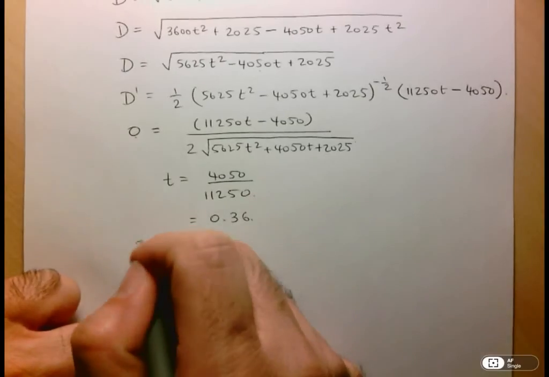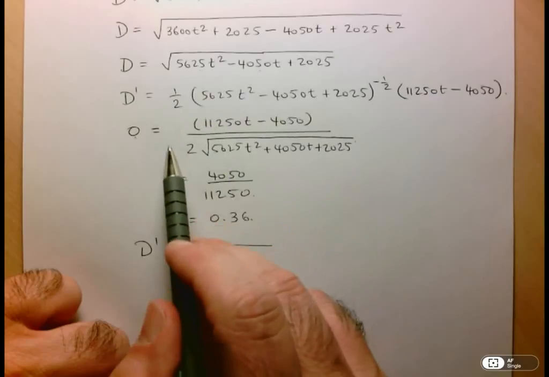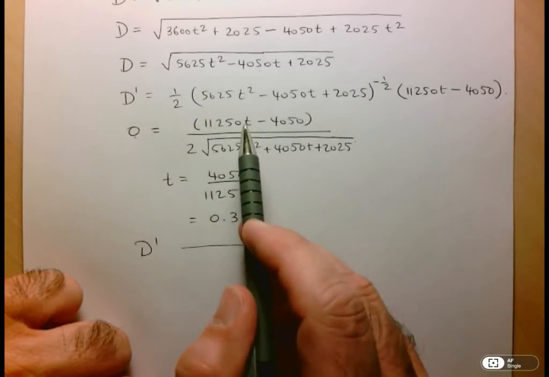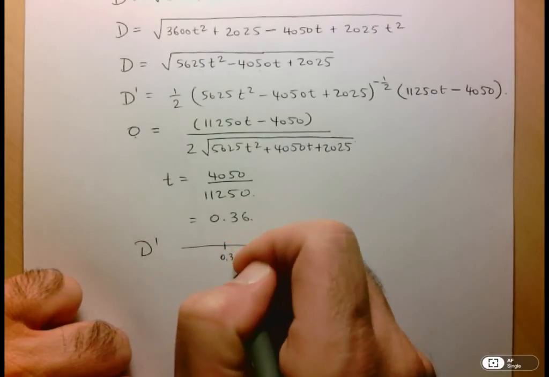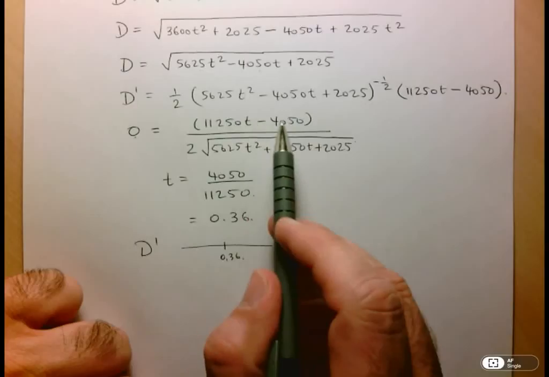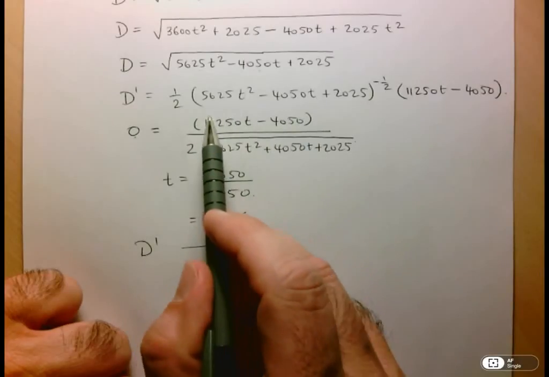Well, let's look at d prime here. Let's look at this expression for d prime. We notice that the denominator is always positive, so I only have to look at the numerator. It's 0.36, and notice this is just a linear function with a positive slope.